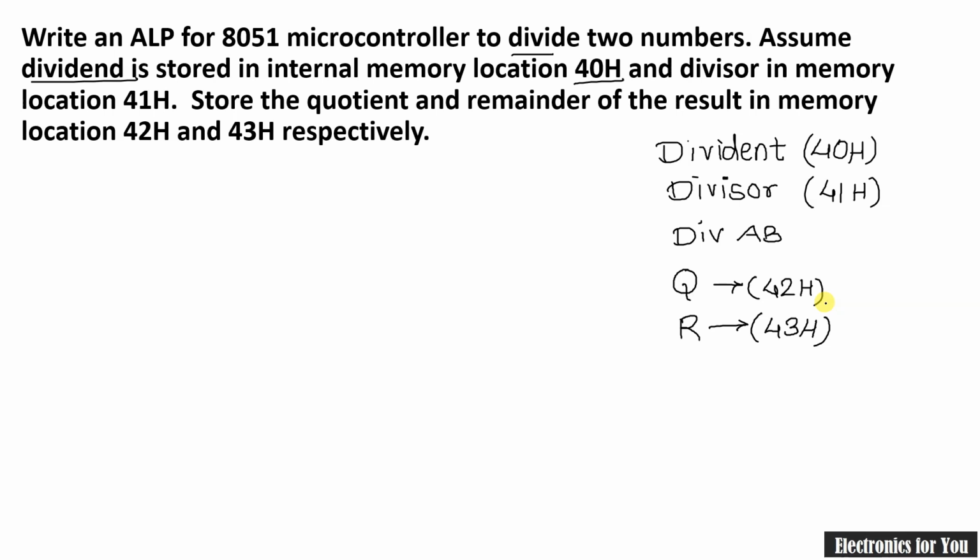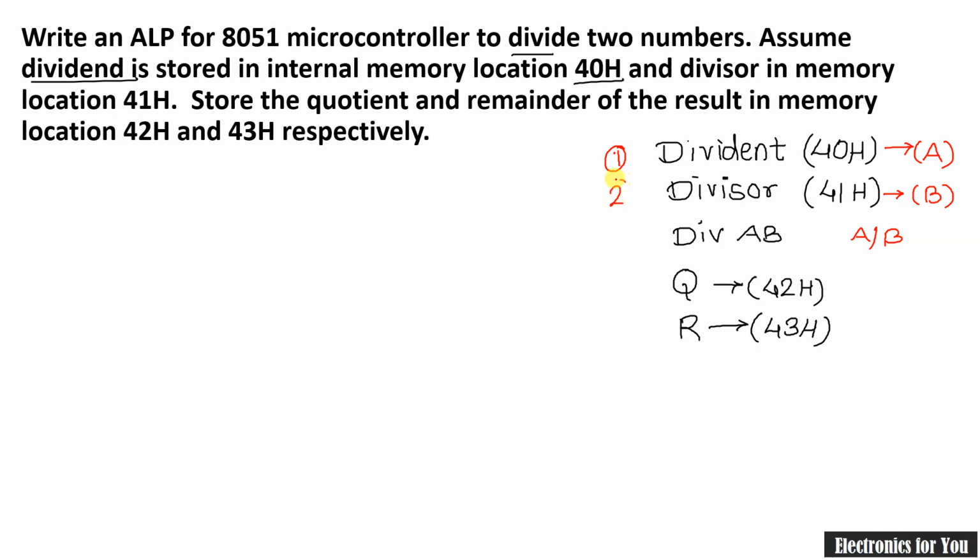Okay, now the steps will be like this. First, we will move the content of 40H into the accumulator, because the dividend must be stored in A and the divisor should be stored in B. After DIV AB, it will automatically be A divided by B. So our first step is this one.